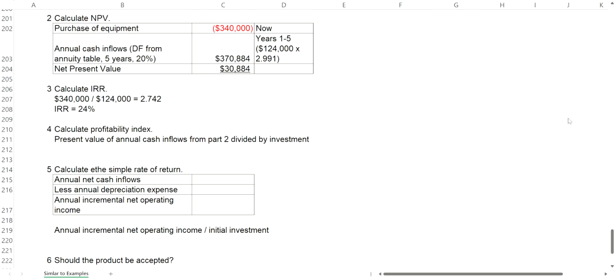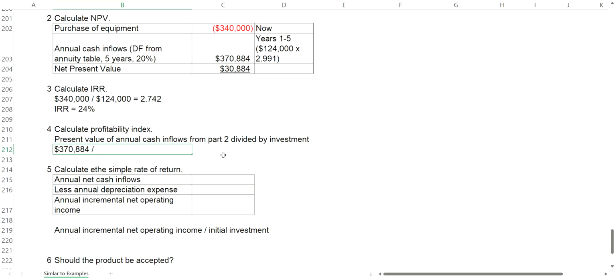Okay, next in part 4, we're going to calculate the profitability index. That is taken by doing the present value of the cash inflows, which was calculated up here as $370,884. So we'll start with that. That was from part 2.